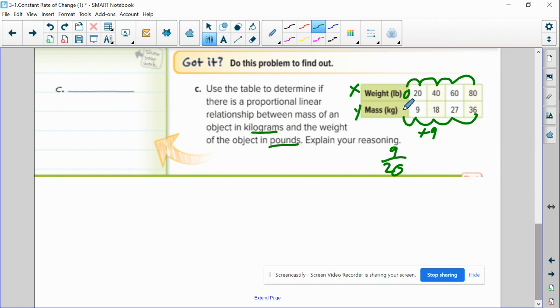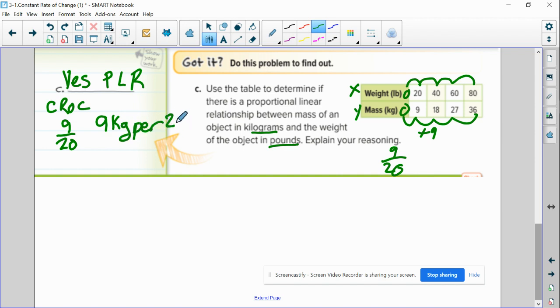What's 9 minus 9? 0. So there's our origin. So we would say yes, it is a proportional linear relationship. And our CROC is 9/20, or in other words, as that's our ratio, we would put 9 kilograms per 20 pounds.